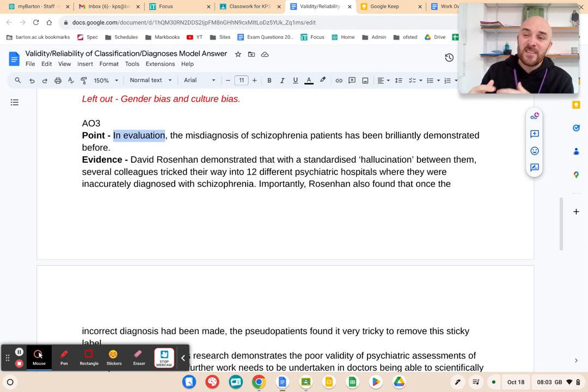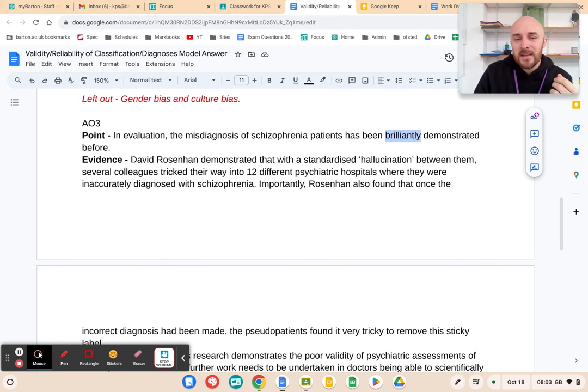So I'm basically saying this is research support for the concept that validity of diagnosis is bad. David Rosenhan, what I'm doing here, by the way, firstly, huge adjectives. Describe, throw in description words a lot of the time, right? Good writers do tend to write a lot of descriptive words.